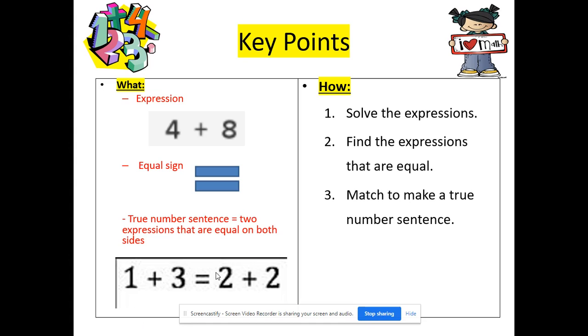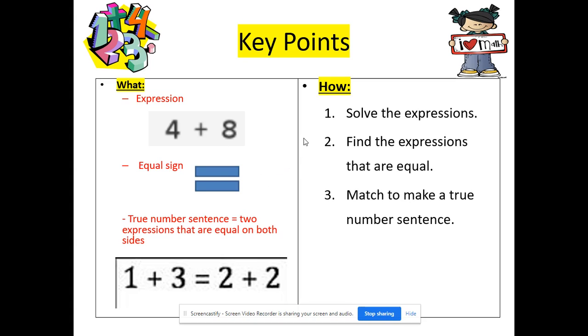So remember, we talked about the equal sign. Here you see the equal sign right here in the middle. And all this is telling us is that these two expressions are equal on both sides, because 1 plus 3 equals 4 and 2 plus 2 equals 4. So both sides are the same.